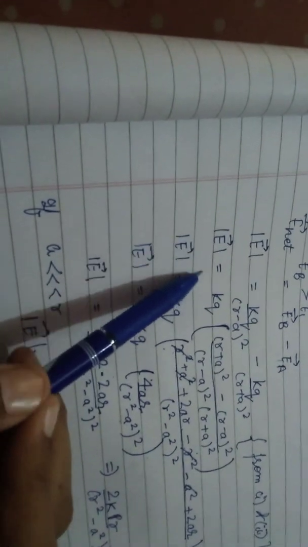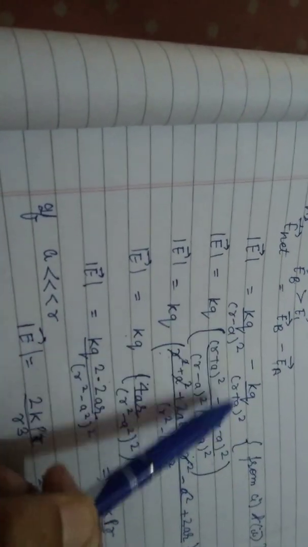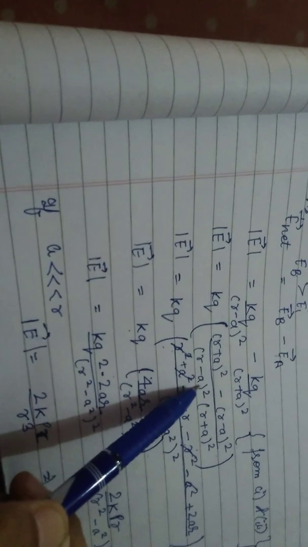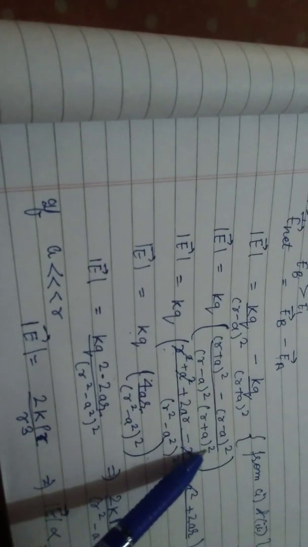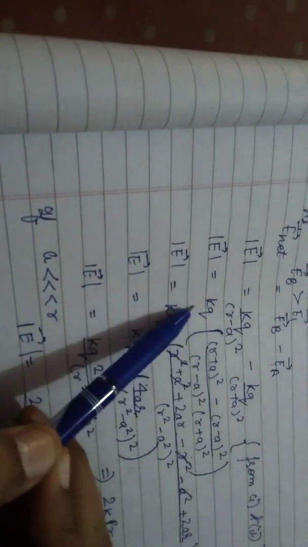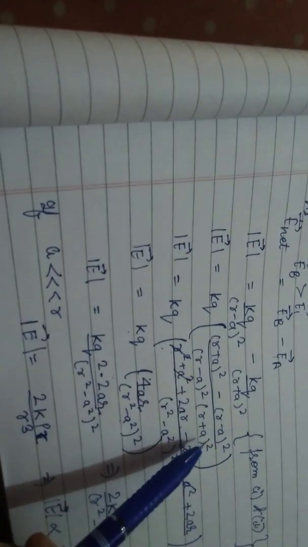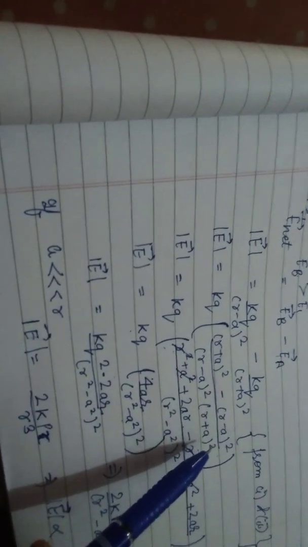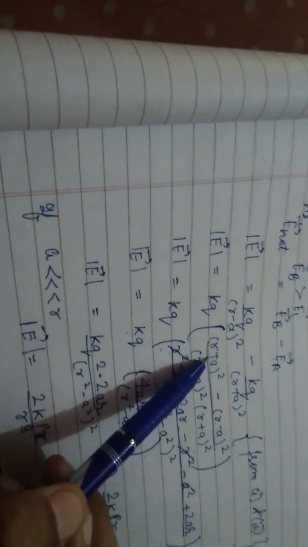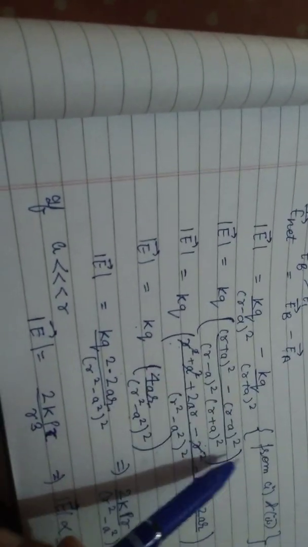So E net will be kq upon, here we will take the LCM, r minus a whole square into r plus a whole square. By taking kq common, there remains 1 and 1. So by solving the LCM, we will get r plus a whole square minus r minus a whole square.